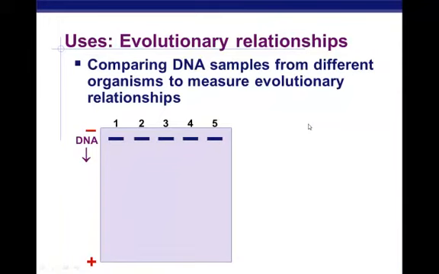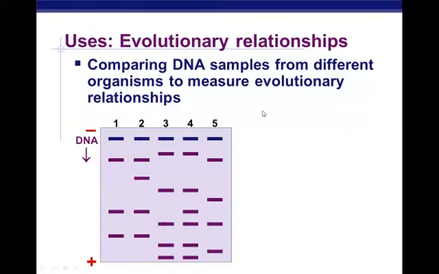Here's an example of how we might use this. We can use DNA analysis to compare DNA from different organisms, for example, and look at evolutionary relationships. Which patterns have more in common with each other? If you look at the patterns here, you can see 1 and 2 have a very similar pattern, except for this band here. 3 and 4 have a very similar pattern, except for this one band.